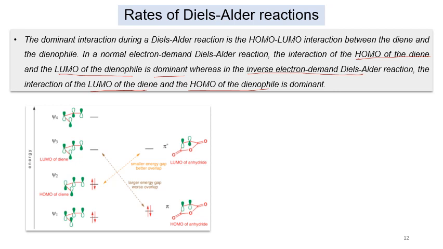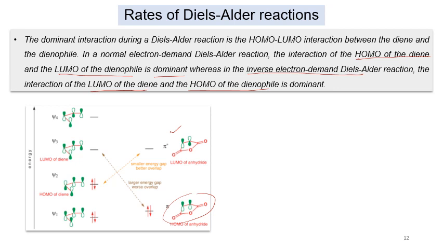If you look at this particular figure, we are going to see the orbital overlaps. This is maleic anhydride; the HOMO of the anhydride is drawn here, whereas the LUMO is drawn here, and the pi system or the molecular orbitals for the diene, butadiene, are drawn here.